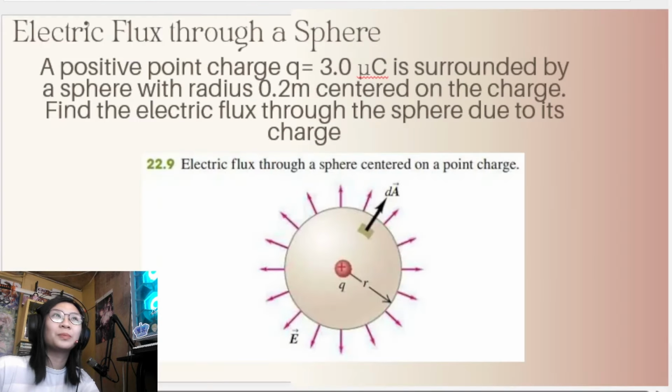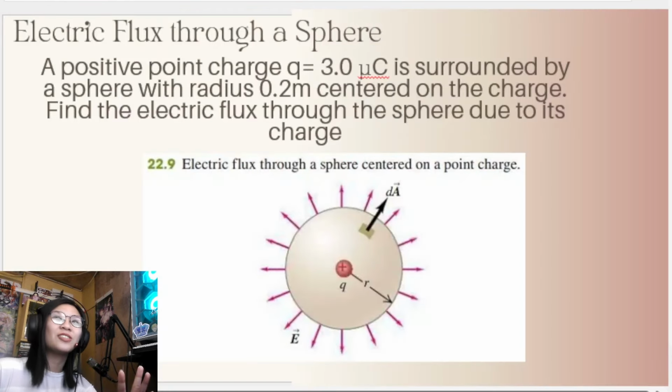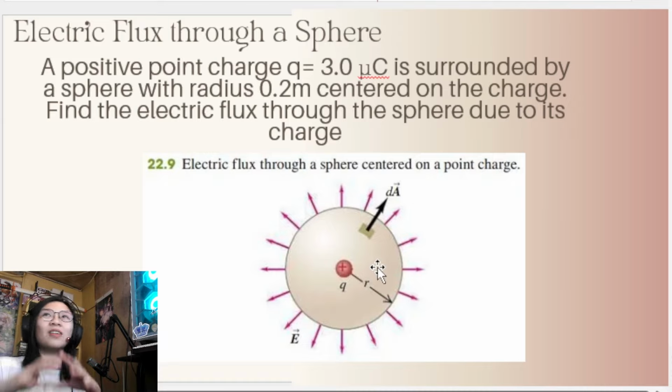Now, how about this one? We have a sphere. Okay. Now, as I have said before, for any closed surface, if an electric field just penetrates it, then the flux is zero. But what if your charge is inside your surface, just like here? Your surface houses a charge.